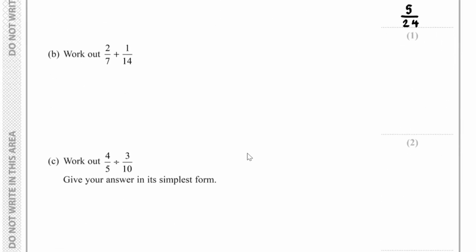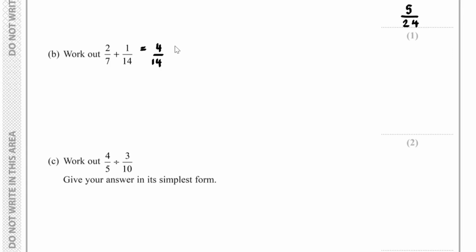For part B, we have to work out 2 over 7 plus a quarter. Well, if I rewrite this 2/7 such that we've got a denominator of 14, then on the top I would need a 4.